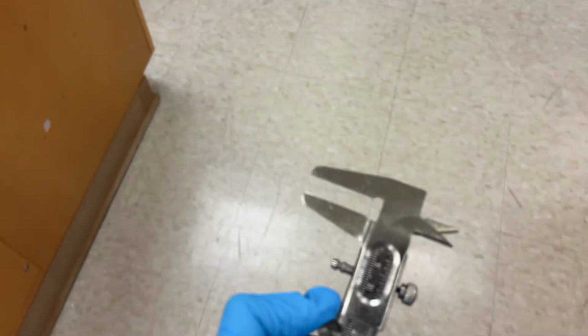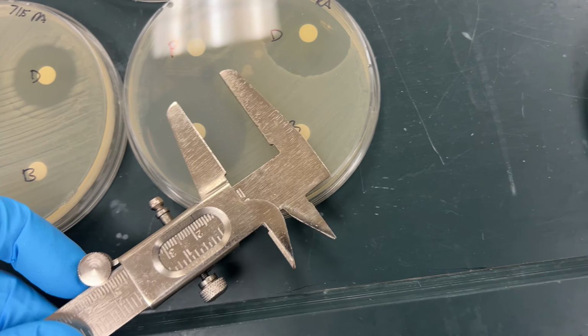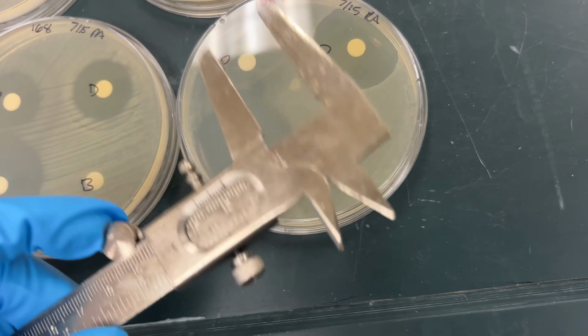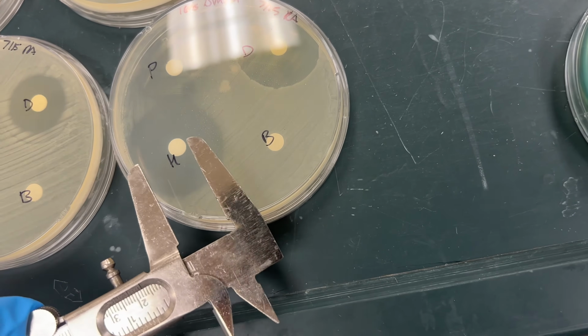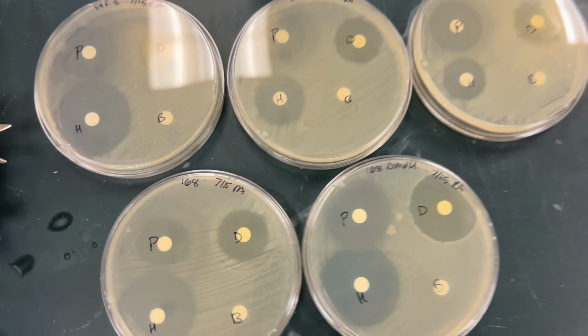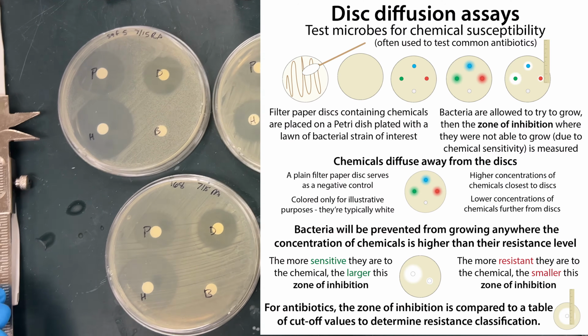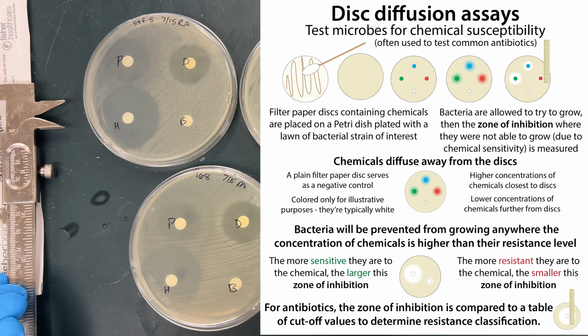These caliper things. I measure the diameter and then subtract the diameter of the disc. There are different ways to do it. Just make sure that you're consistent and you're reporting things consistently and all of that good stuff.